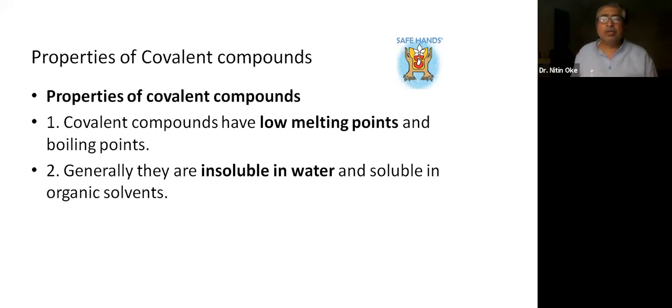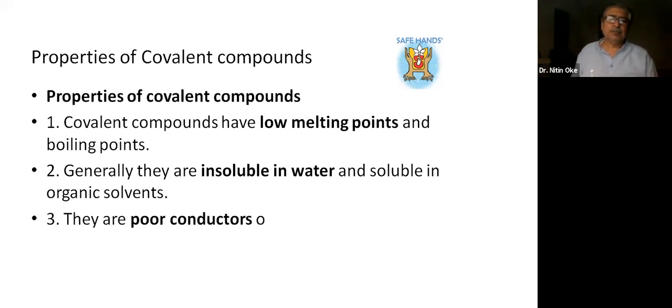We are talking about covalent compounds of carbon. They are poor conductors because they don't have free electrons. Poor conductors of heat as well as electricity because the structure is very rigid. So heat is not transferred so easily, and for electricity, there is no free electron.